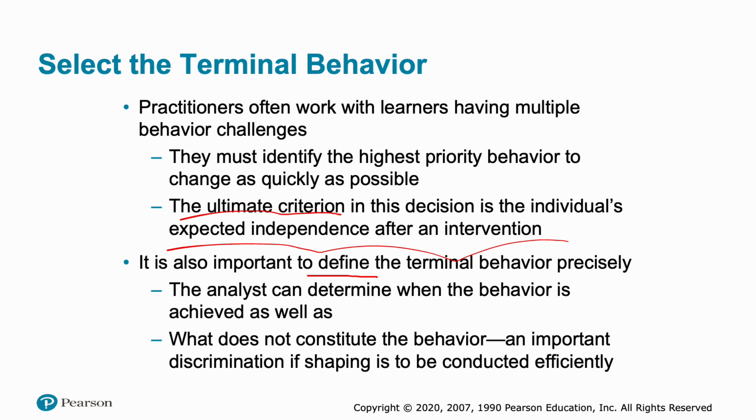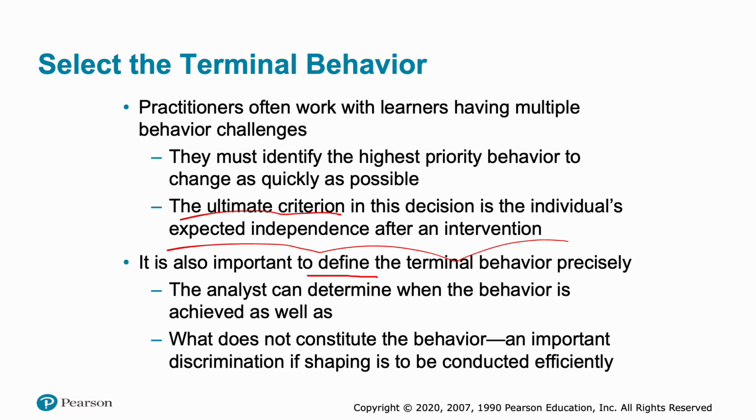Basically, we have to think about what I would want this client to be doing in the future. What do I want to shape this behavior into? And that's what you'll use to guide the terminal behavior. That's what you're going to select as your terminal behavior, okay? And then we're going to clearly define that.